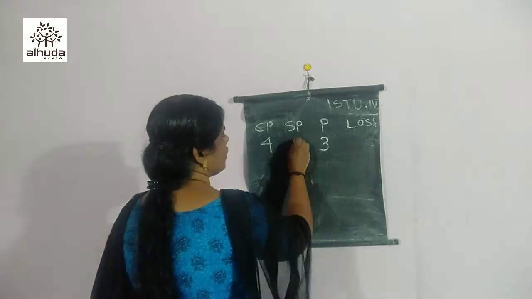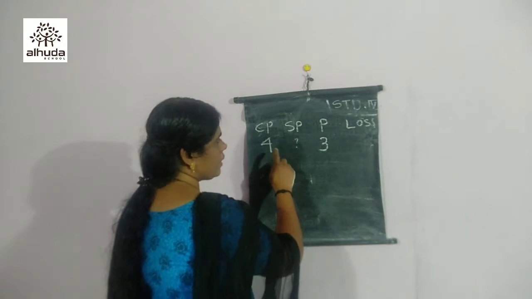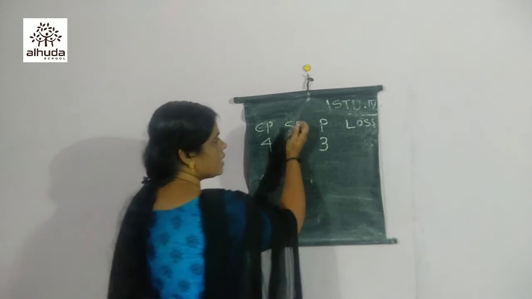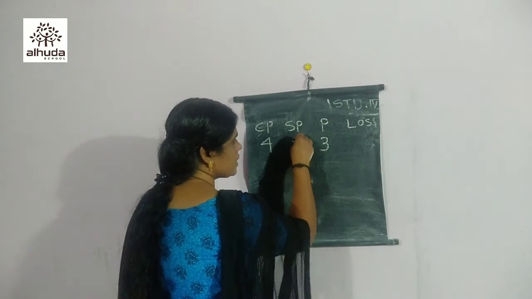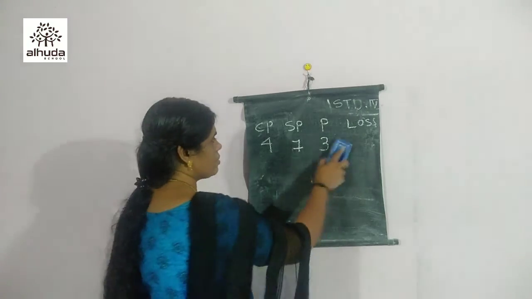So we should find out the selling price. How do we find out selling price? We should add cost price and profit, then we will get the selling price. That is 4 plus 3 is 7. That is, 7 is the selling price. The next question.